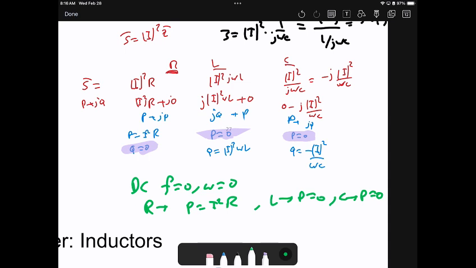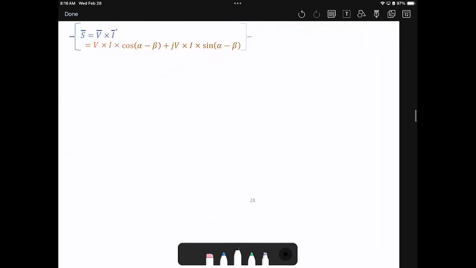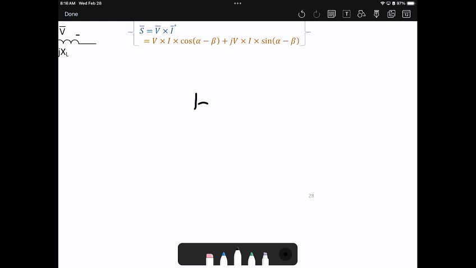To summarize my analysis, what should I do to calculate the complex power? We can follow these steps. Step number 1, to calculate the power, convert the circuit to the phasor domain.